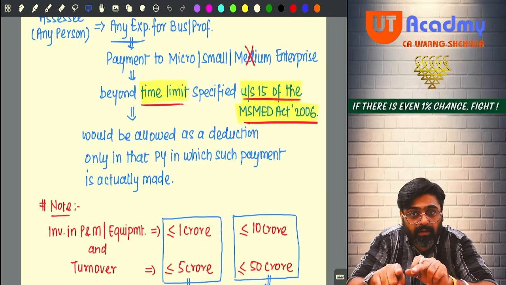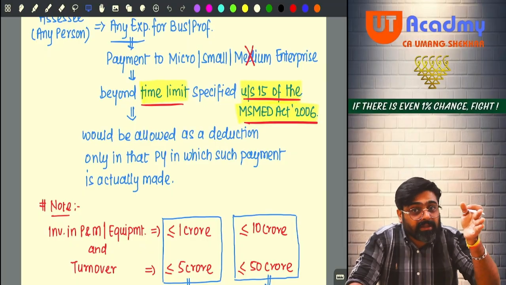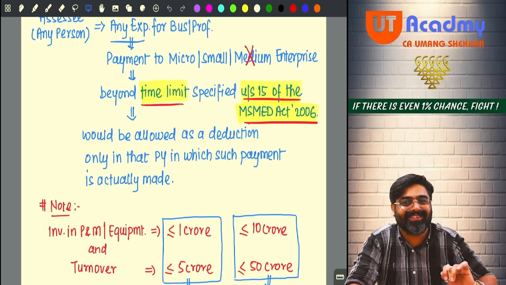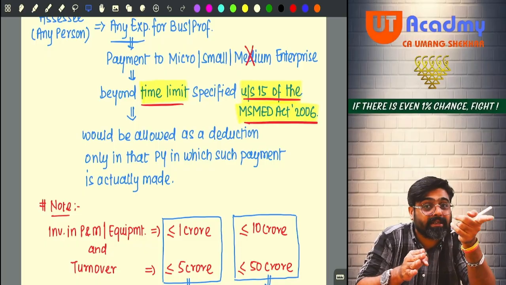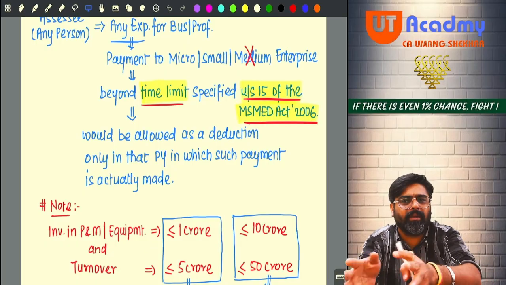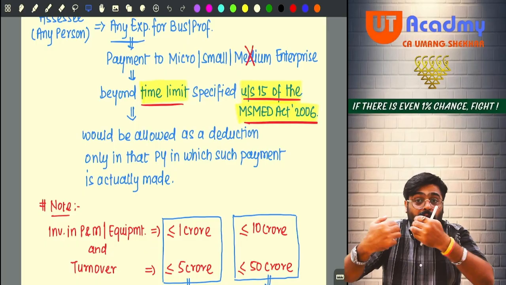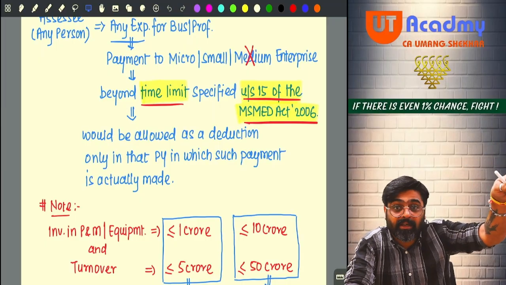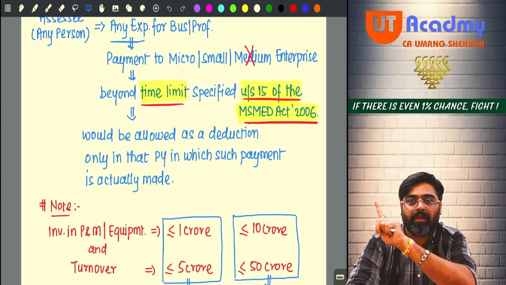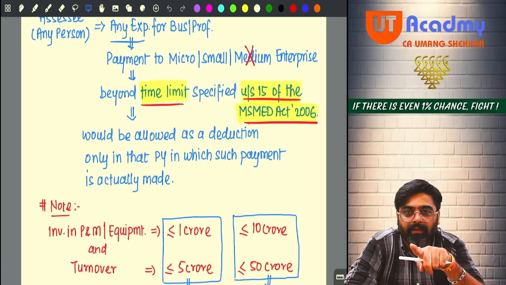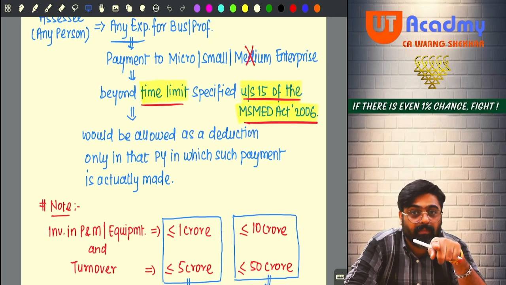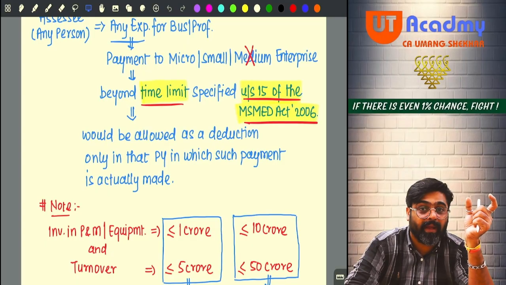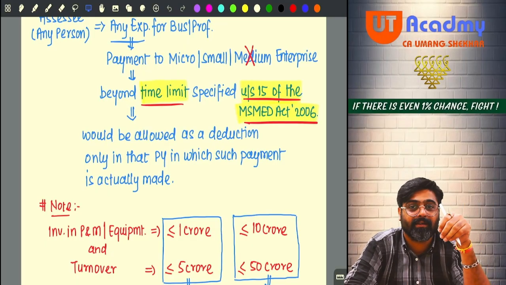Payment for this year, and the last day of the time limit falls in the next year. You make the payment in this year, it is allowed in this year. You make the payment in next year but within the time limit, still it will be allowed. Getting my point? But payment for this year, the last day to pay falls in the next year.